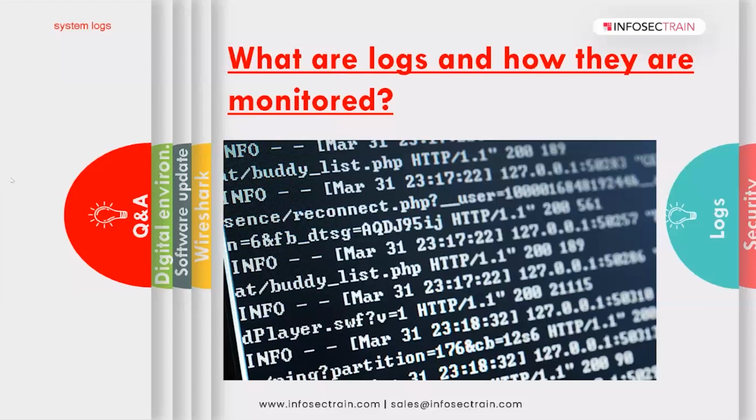Basically, our system logs are designed to capture a wide range of activities and events that occur within the computer system.